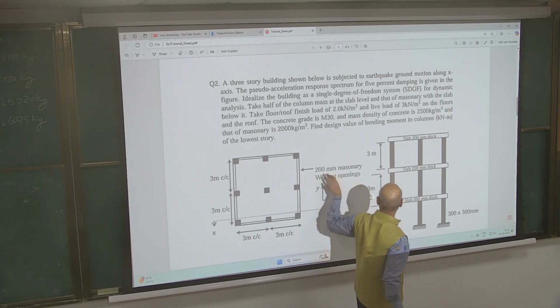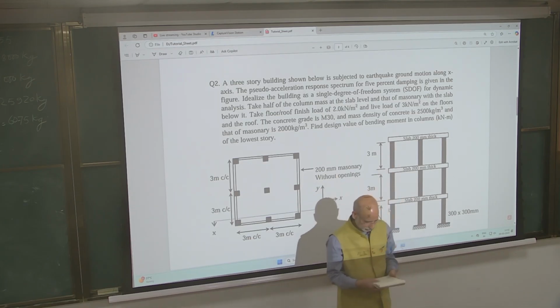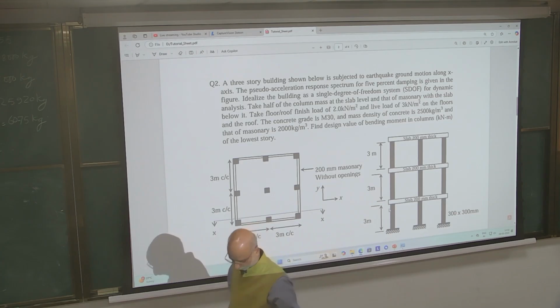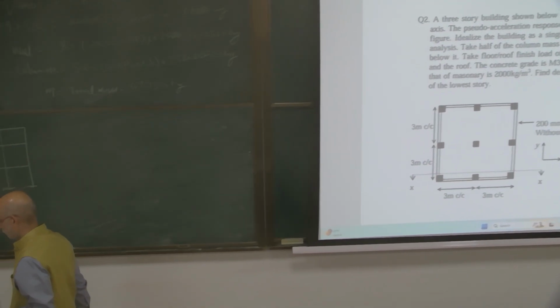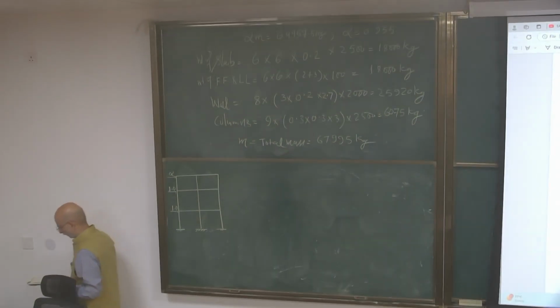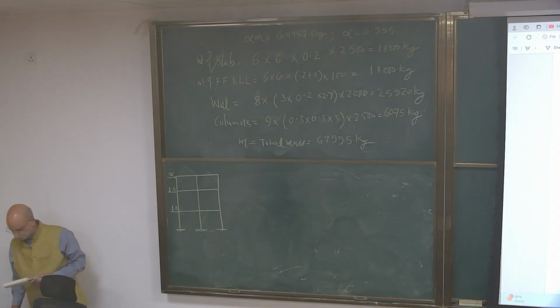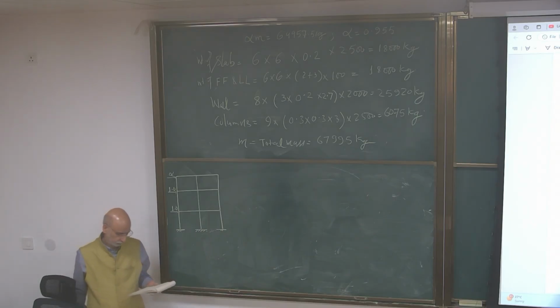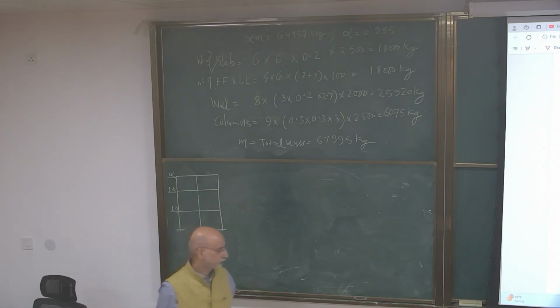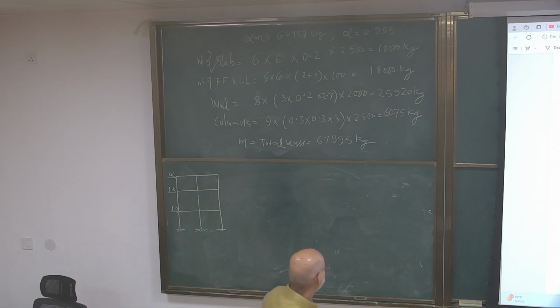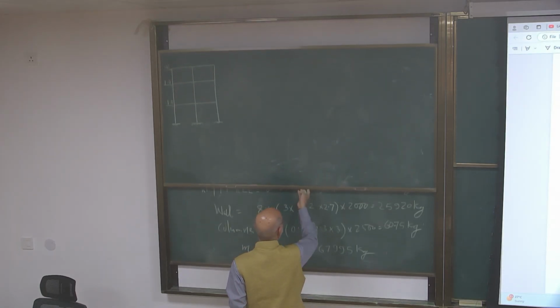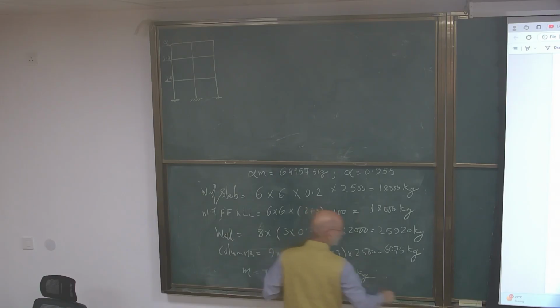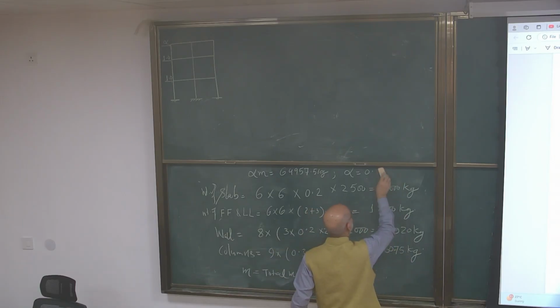So half of this infill will also count, then alpha will change. Yeah, that will. 0.76. Now it looks reasonable.